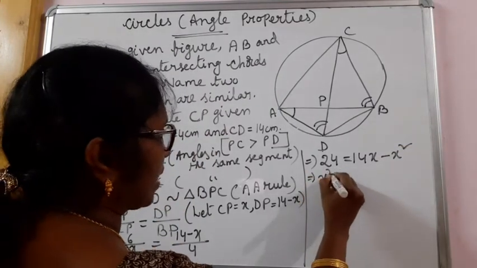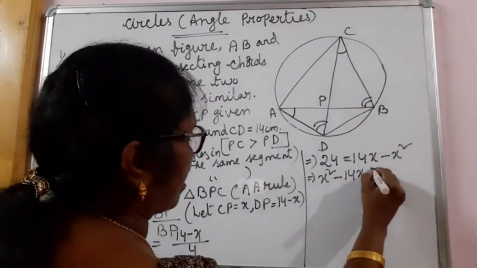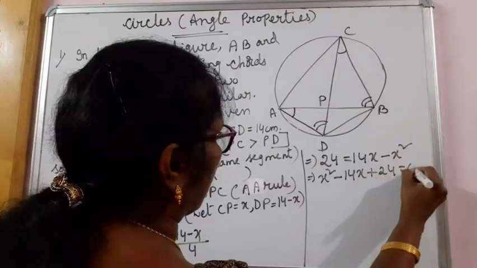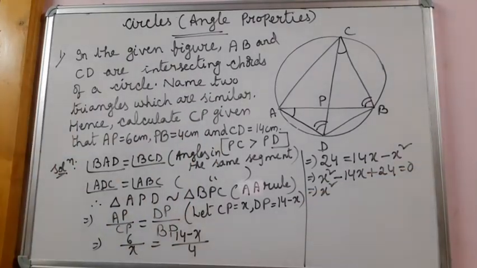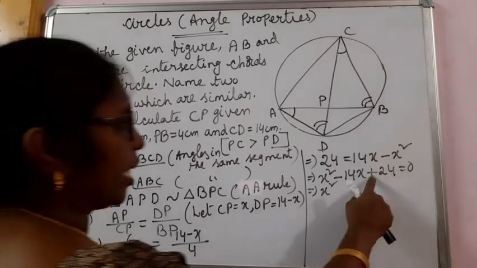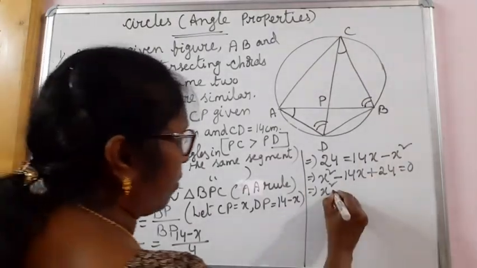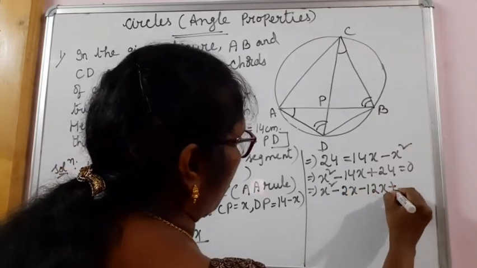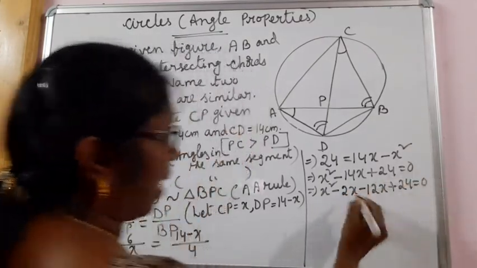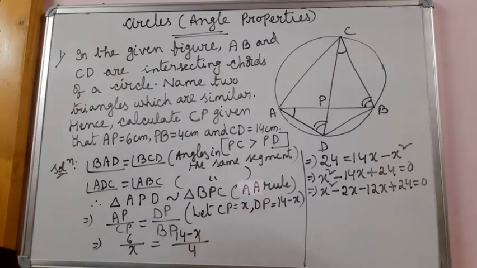Or let me bring x square this side, 14x this side, plus 24 is equal to 0. So we can have 24 is 12 twos are 24, and here plus is there, here minus is there. So both are minus, so that we can have plus when we multiply minus 2 and minus 12.